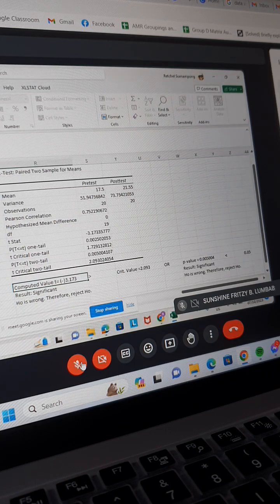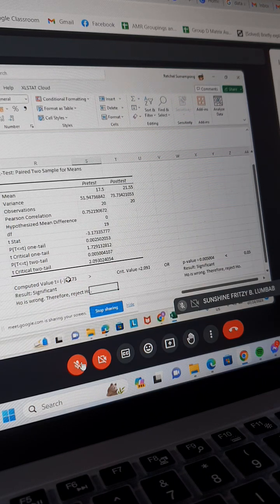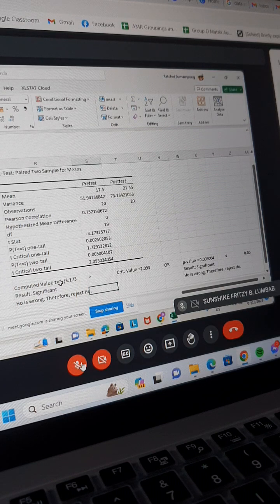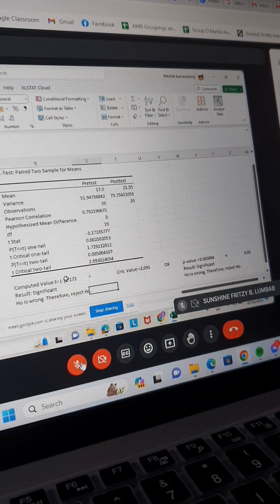When we say there is a significant difference, it means there is a significant increase in the performance of the students in the post-test. By just enclosing the negative sign, we no longer compare it to the value, because a negative value is always lesser than a positive value, right?